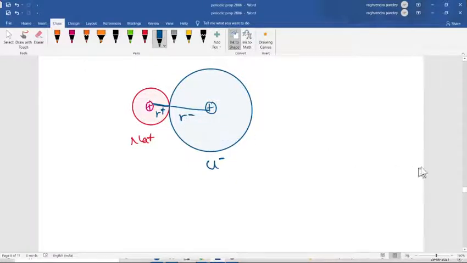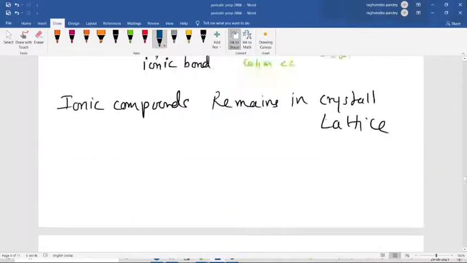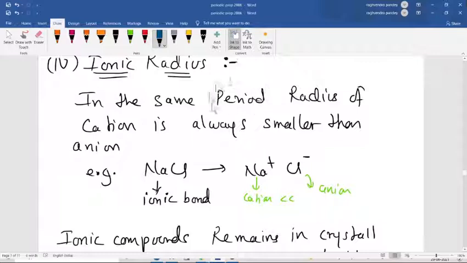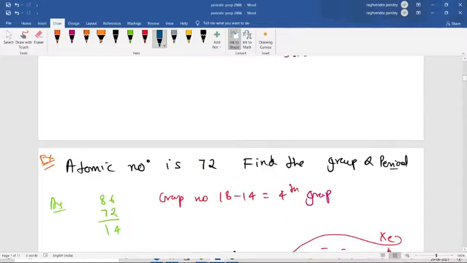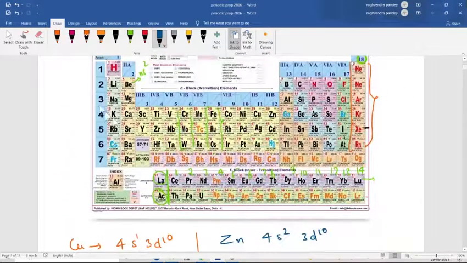No, no, in the same period. Suppose you take the cation of cesium and the anion of fluorine. Fluorine is very small even though it is an anion, and cesium plus is larger. So every time it is not compulsory.